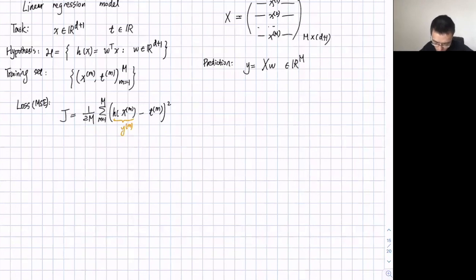And my loss can be represented as 1 over 2M, and this summation of squares is the L2 norm squared of Xw minus t.